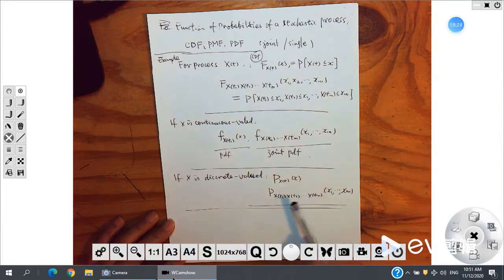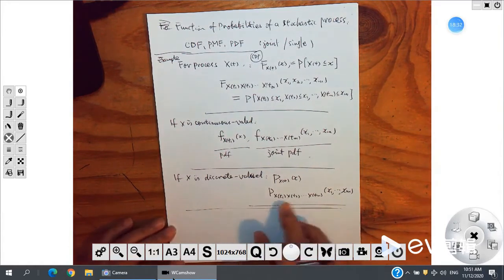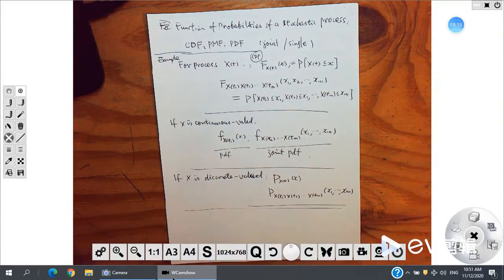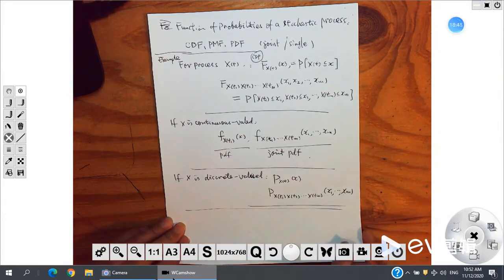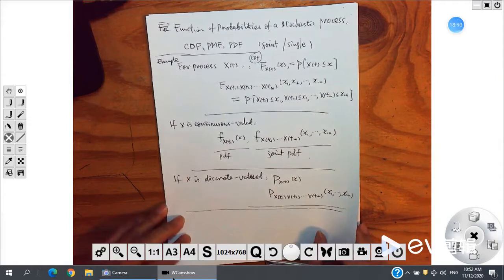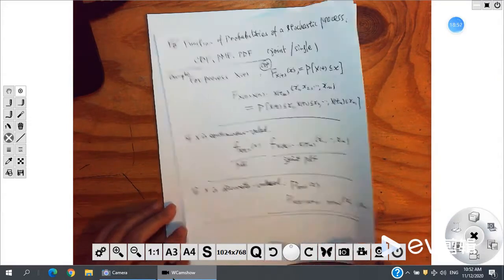And how many joint distributions do you have? Infinite. You pick any 2, any 3, any 5, any 10 of the random variables, and you can have a joint distribution. So this kind of thing is very complex. It's hard to study, even hard to use. So we need to make some simplification.